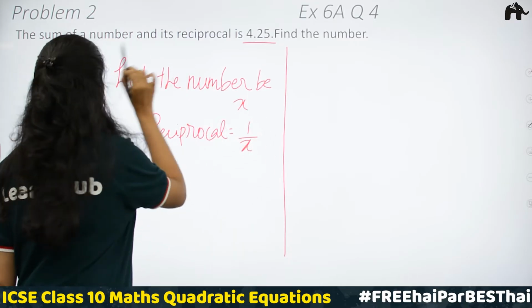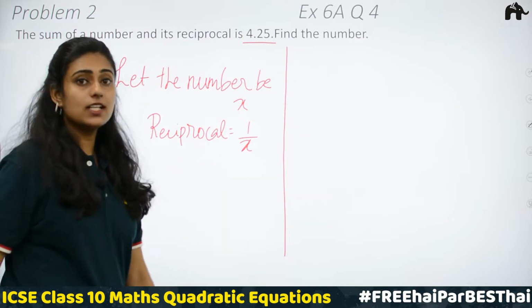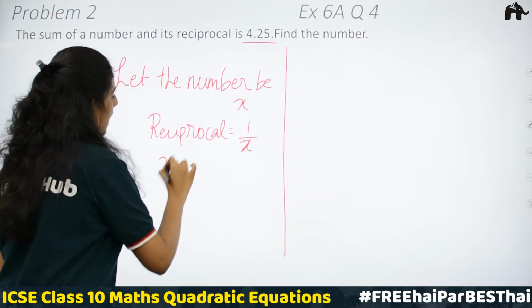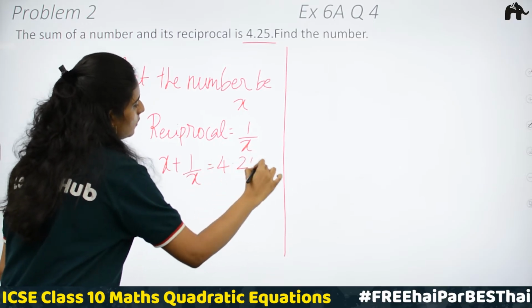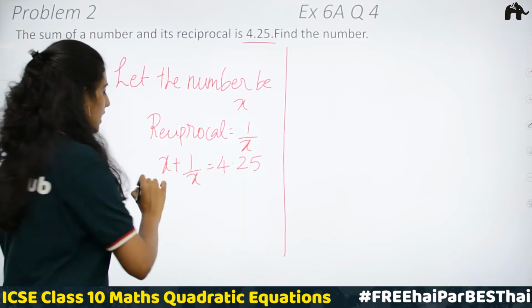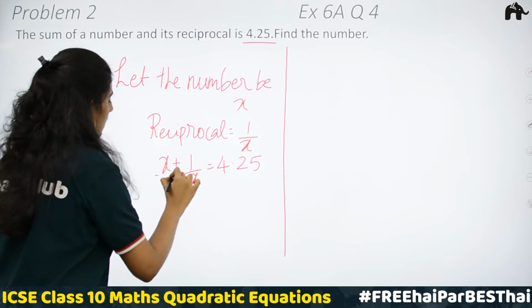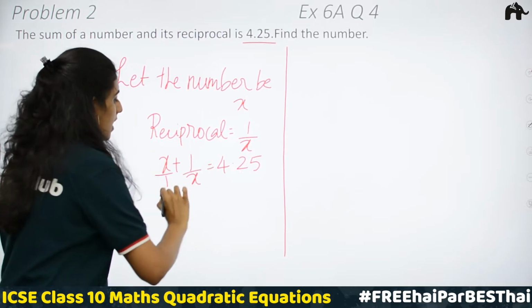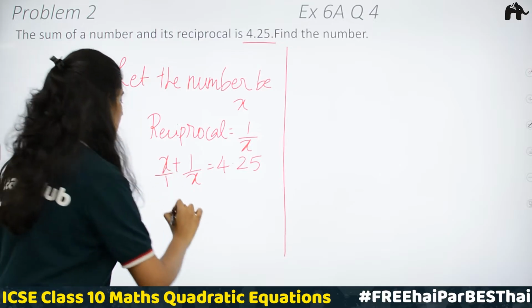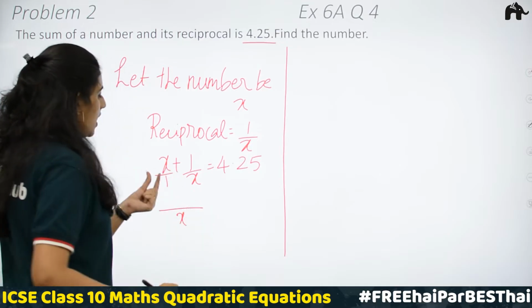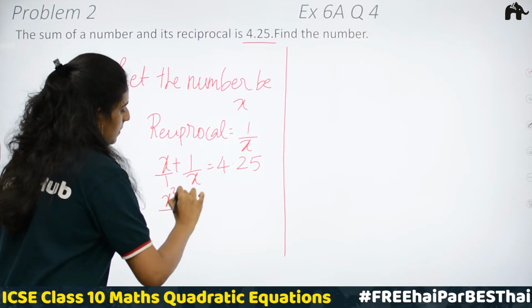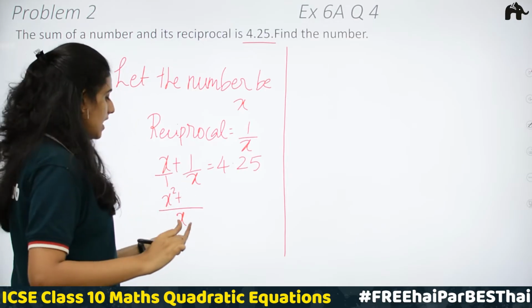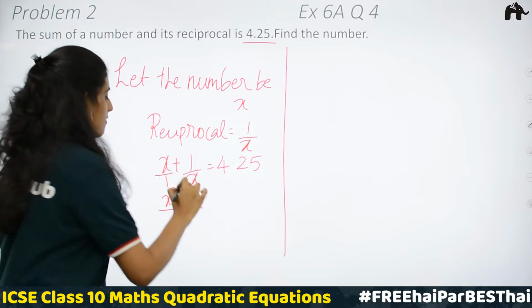The sum of the number and its reciprocal is 4.25, which means x plus 1 by x is equal to 4.25. Now taking the LCM of this, here the denominators are 1 and x. The LCM will be x. 1 into x is x, into x square, plus x into 1 is x, 1 into 1, 1.